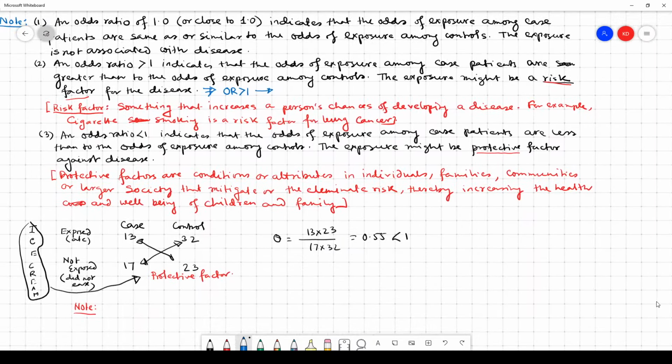So here we see that in this example, theta is 0.55, less than 1, so ice cream should be a protective factor.